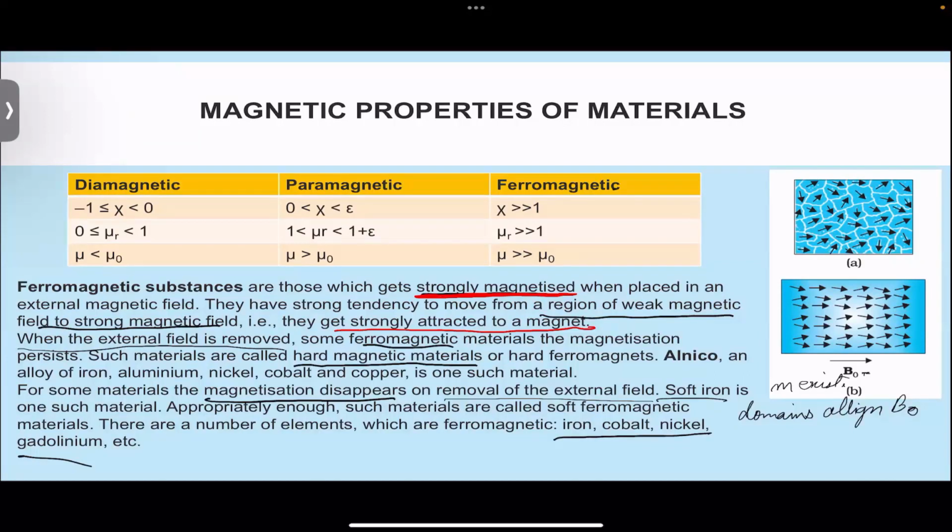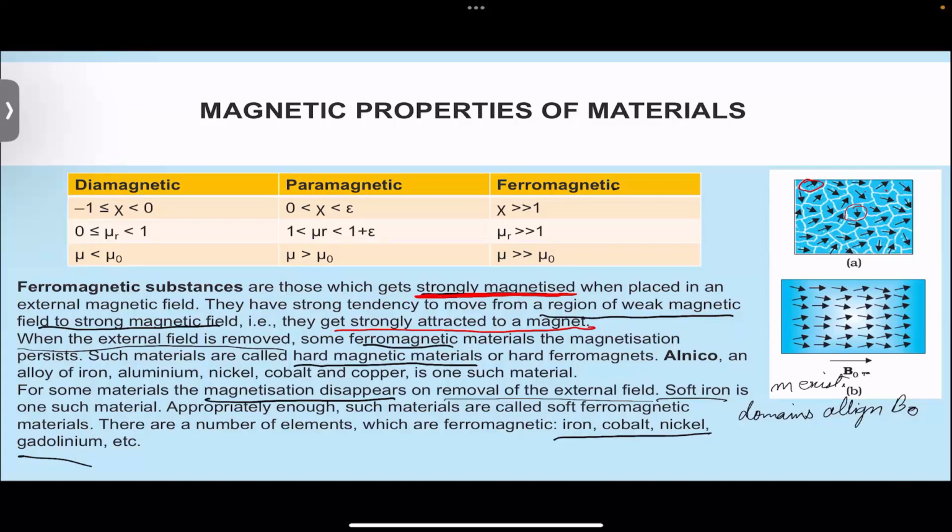But when they interact with one another, they will automatically align themselves, and there are going to be zones of atoms aligned in certain directions. These are called domains. You can see over here, all the atoms in this region will be aligned in this direction, then in this direction, and in this direction. So these are all the domains.